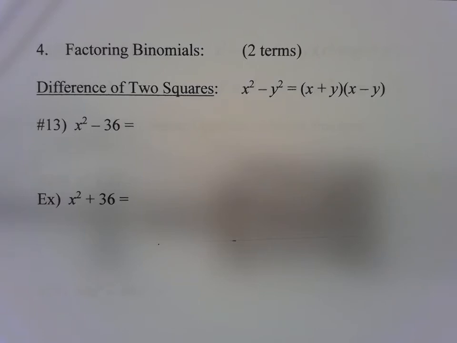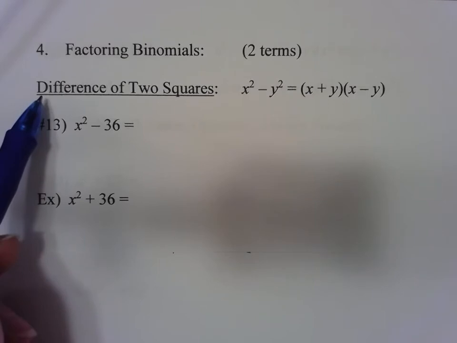So binomials have 2 terms. I always recommend you look to see if there's a GCF first. Sometimes, even if I have 2 terms, the only type of factoring I can do is a GCF. So if you can remember to check that first, that'll help you out. If it's not a GCF, it might be one of these other 3 types. And so we're going to list these out one by one.